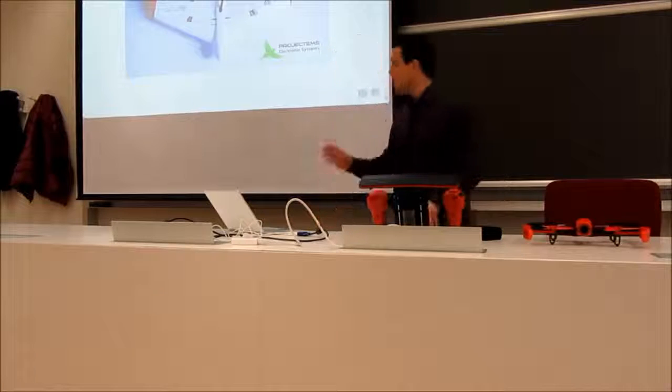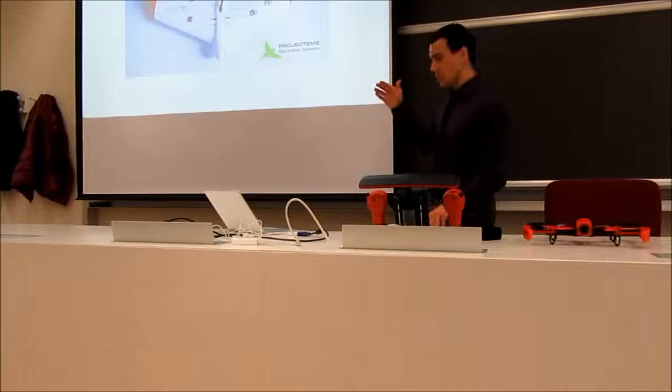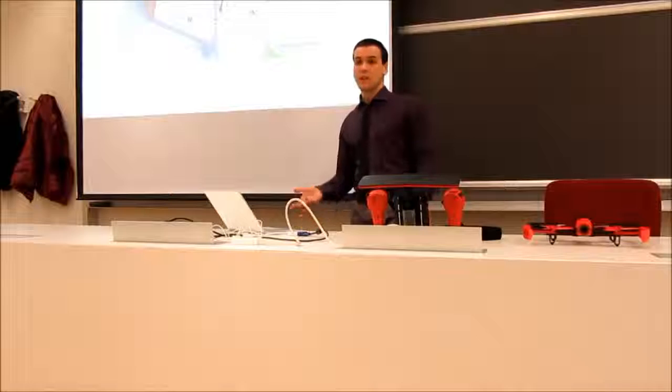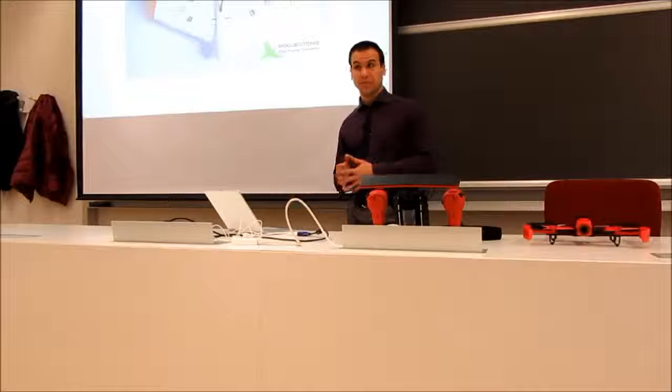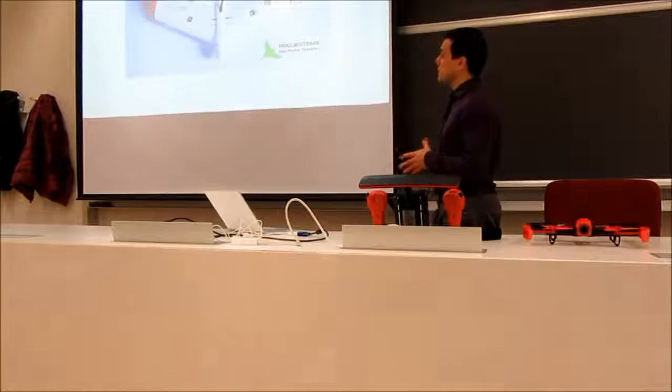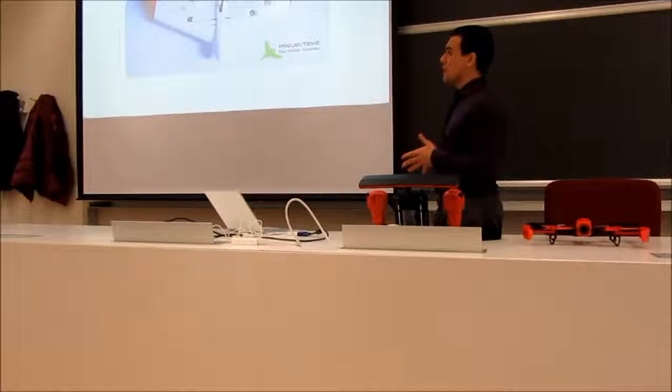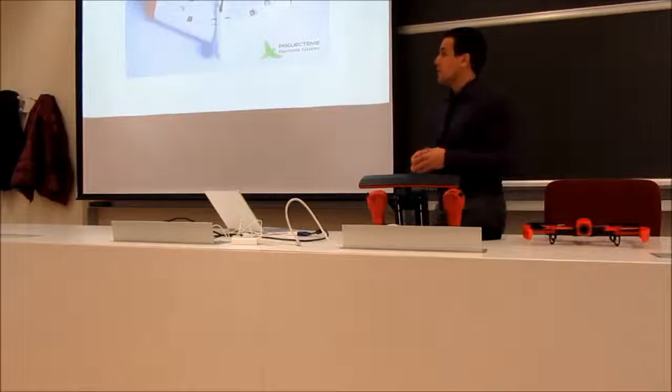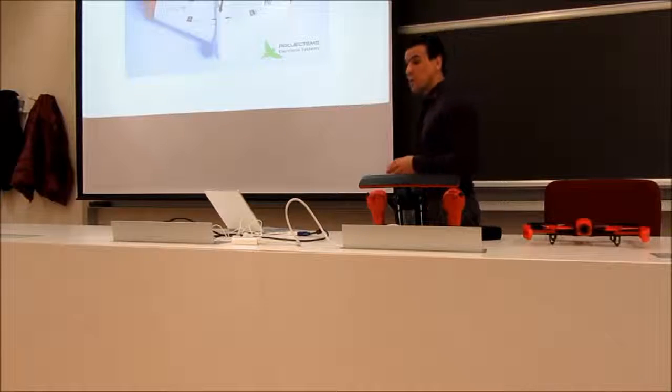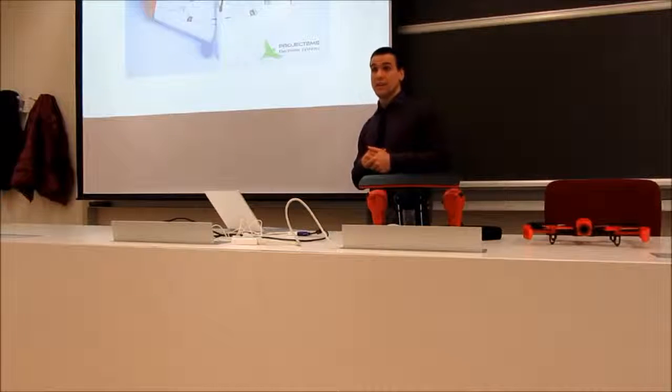This is an APR fixed wing. A fixed wing is a little plane. This plane is 600 millimeters and weighs only 300 grams. So it's a very little plane, but it's perfect to do aerial photography, aerial photography for 3D reconstruction.